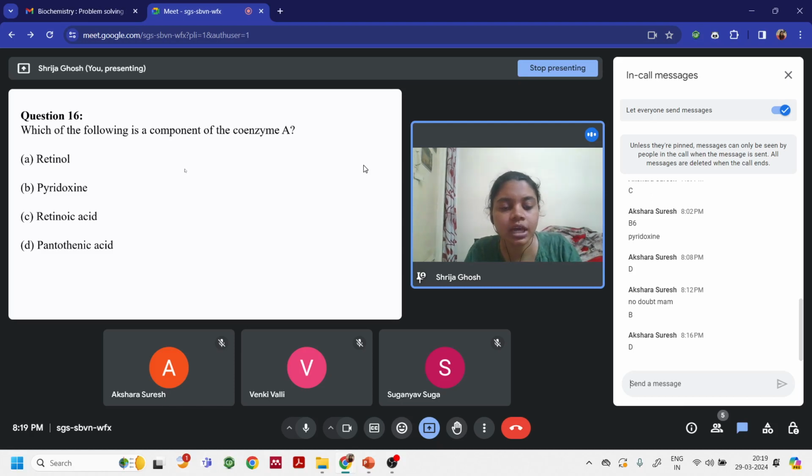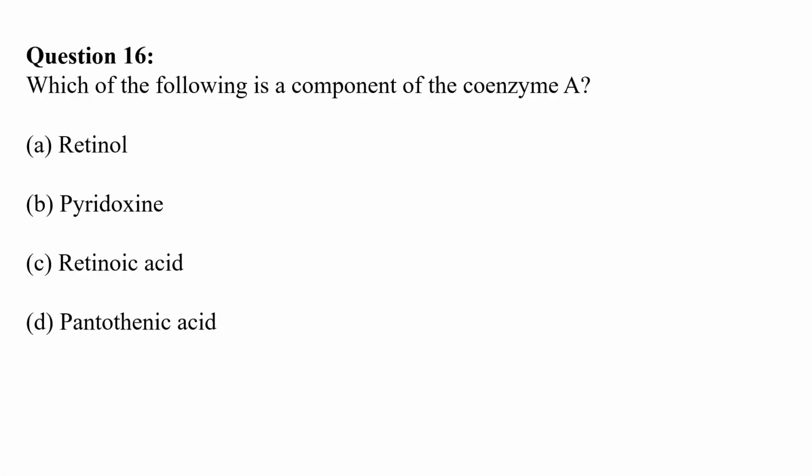Tell me what would be the answer. Okay, Akshara has answered option D, pantothenic acid. That is the correct answer here.